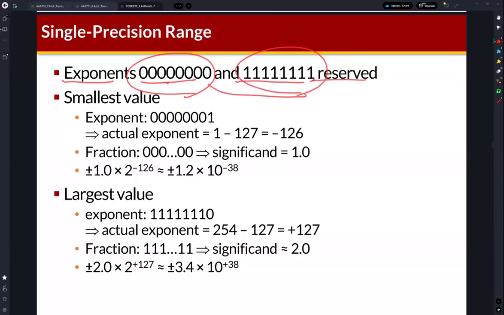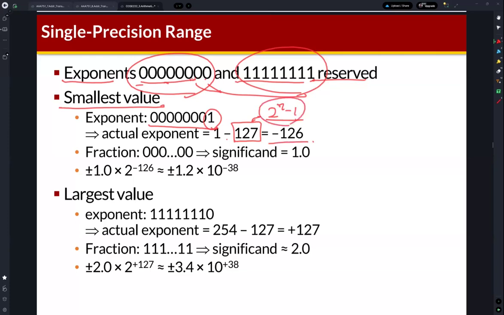Okay, so what is the smallest value? The smallest value has exponent 0, 1, right? Because 0 is reserved. And then the actual exponent is 1 minus bias. Bias is 127 for single precision, so it's minus 126.